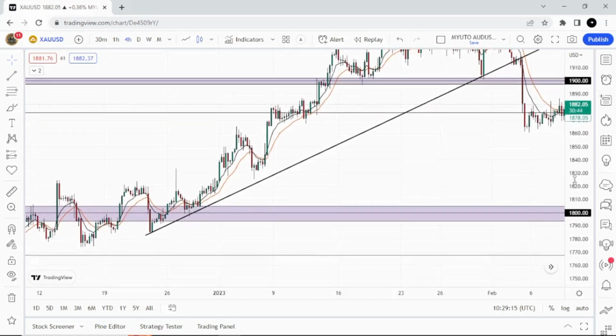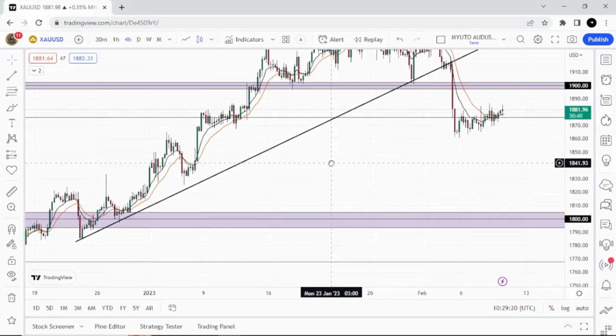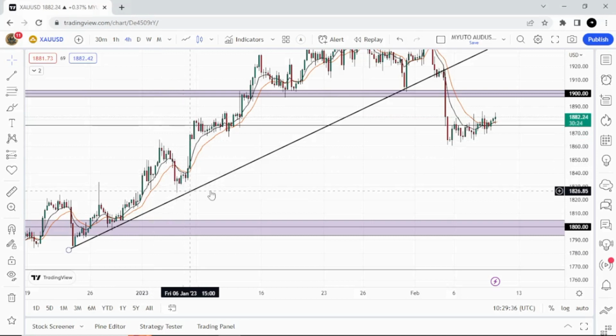My minor key level was marked because price made a very significant move from this level. Price came to this price level here and declined very sharply. So I considered this as my key level.